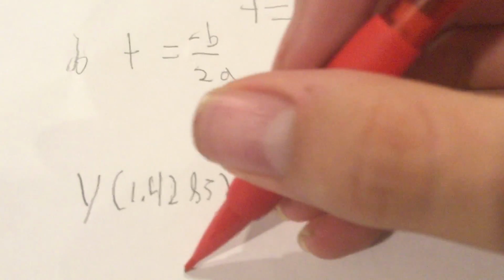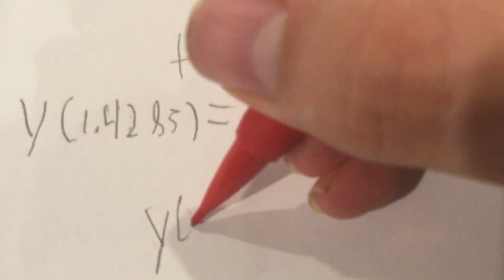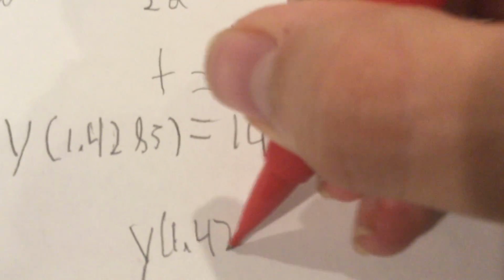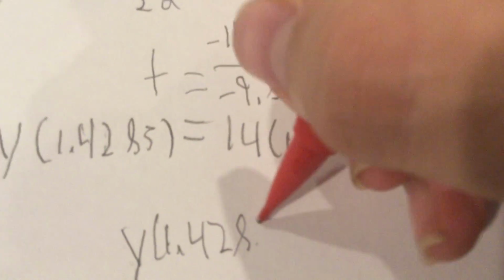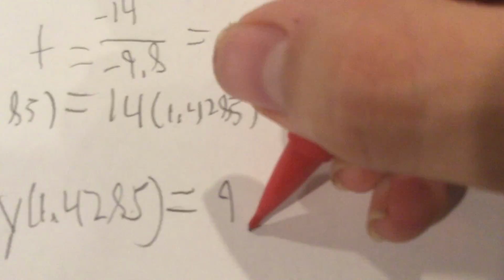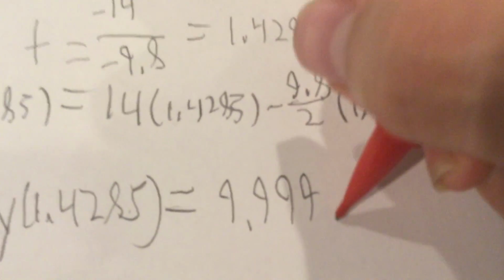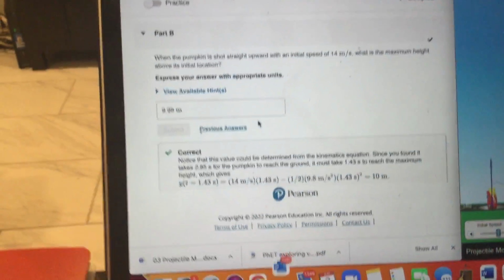So we get y, the maximum height, is equal to 9.999 meters. Okay, you look at that, that's the correct answer. Now we'll go to part C.